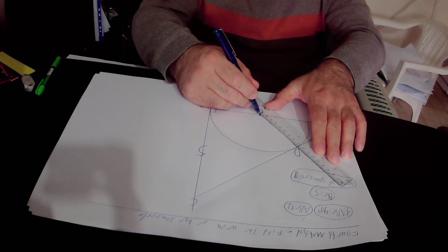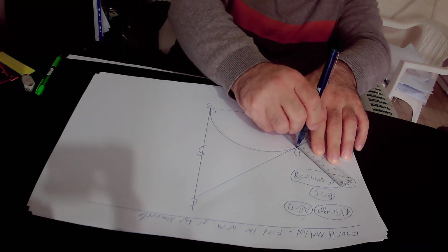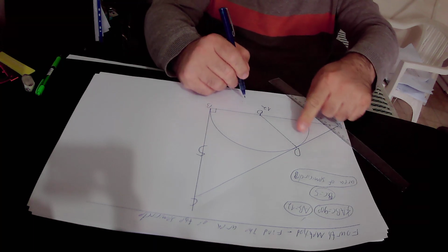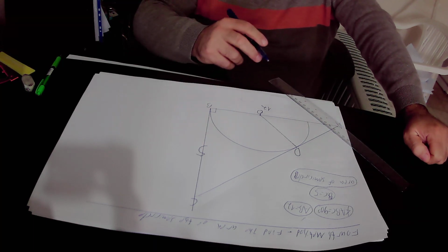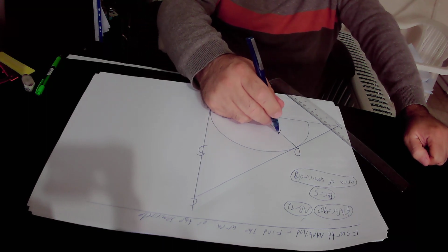This line segment DO is the radius of this circle, so we define it as R.